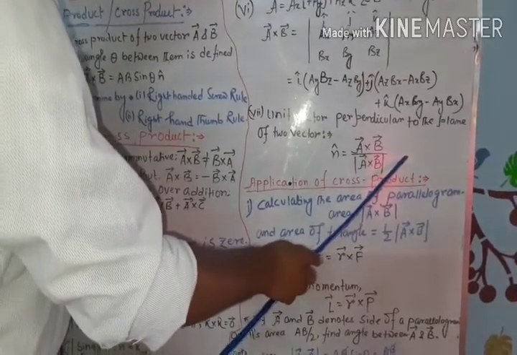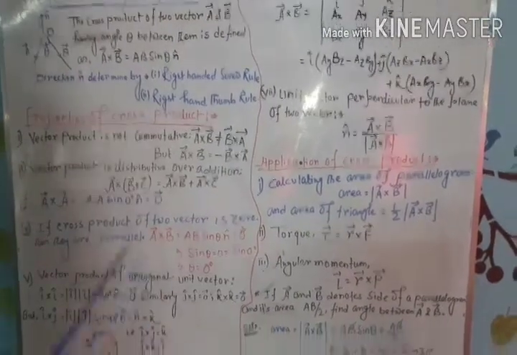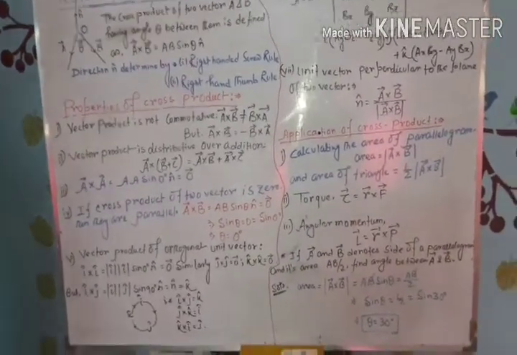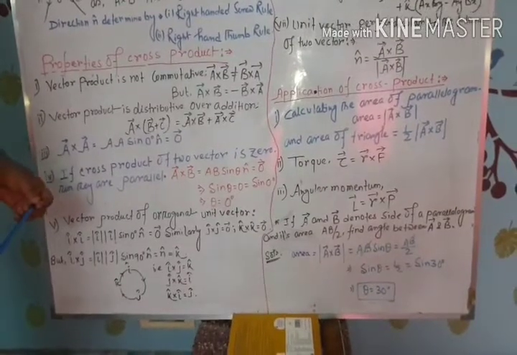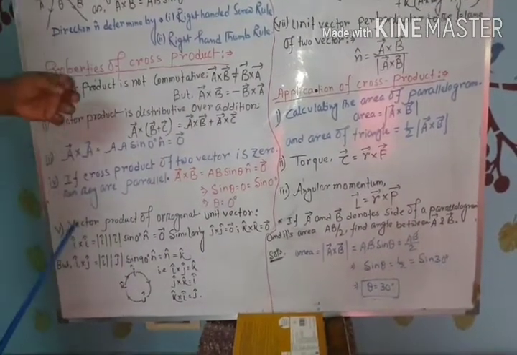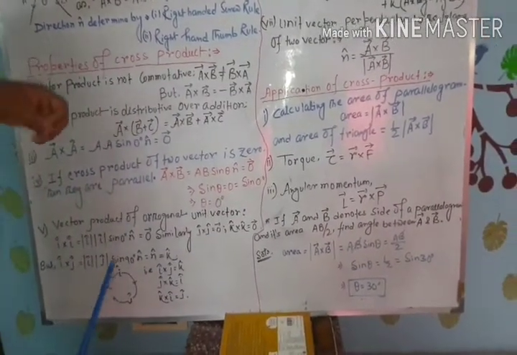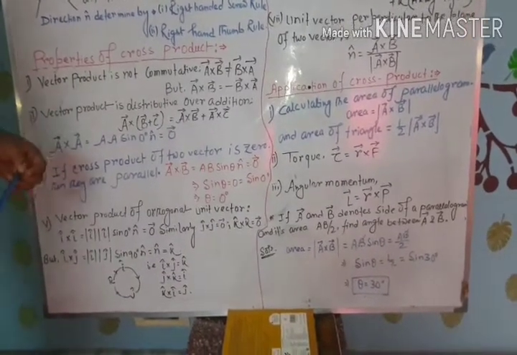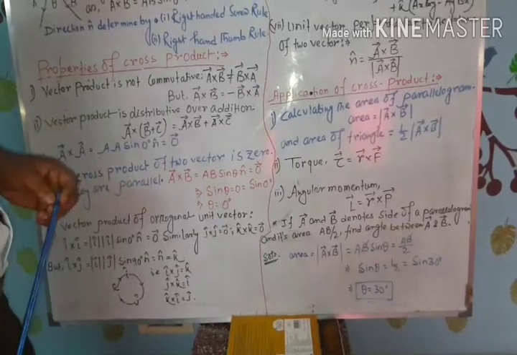Okay, so next we know about some applications of the cross product. Number one, by the cross product we can determine the area of a parallelogram as well as the area of a triangle. How?